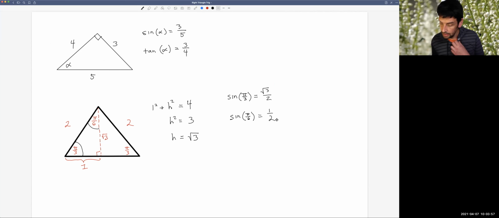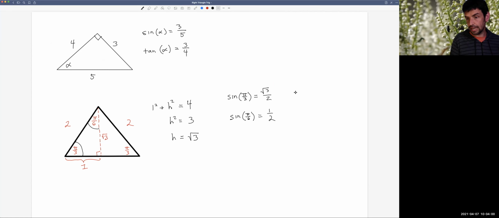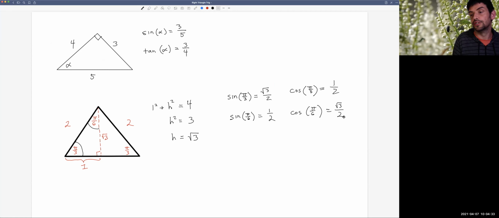Let's also look at the cosine of pi over 3. This is going to be the adjacent side to pi over 3, which is the 1, over the hypotenuse, so 1 over 2. And the cosine of pi over 6: sorry, adjacent to that pi over 6 angle is the height, so it's root 3 over 2.